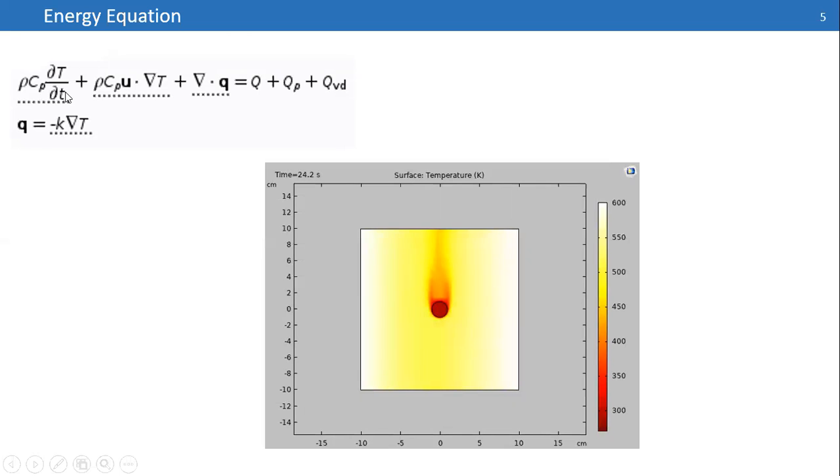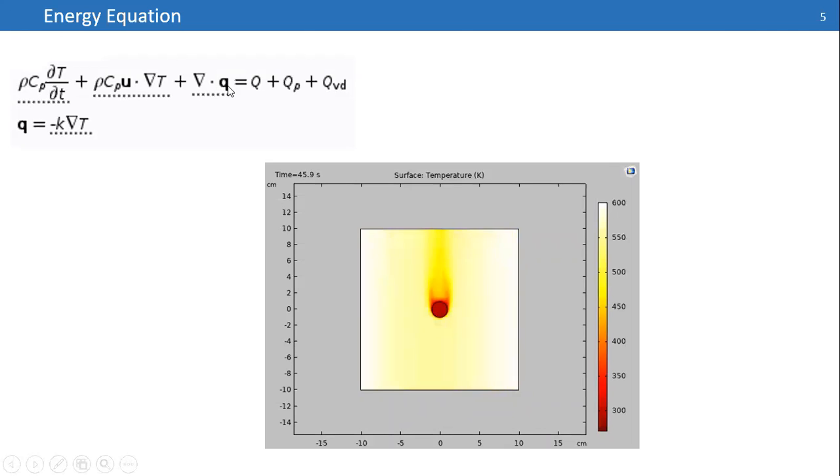It's the energy balance in your system, and you consider the convection term, since we have velocity here and our fluid is moving, and this velocity helps to improve the heat transfer.